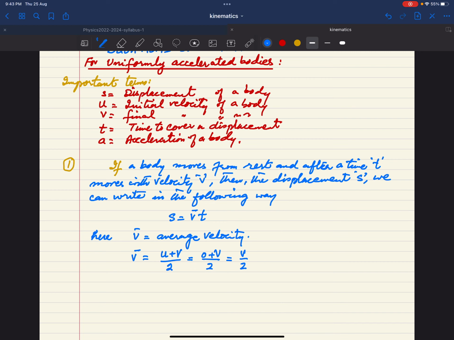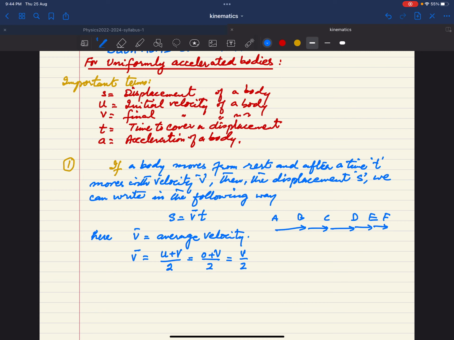But of course, if you have points A, B, C, D and so on, then for each interval or displacement you have a particular velocity. If the velocity is constant throughout, then the average value will be simple. But if it is changing, then you cannot calculate the average velocity easily.